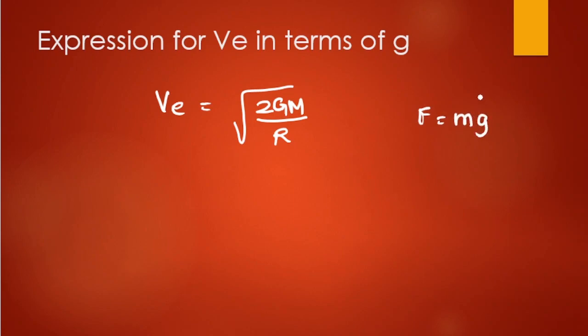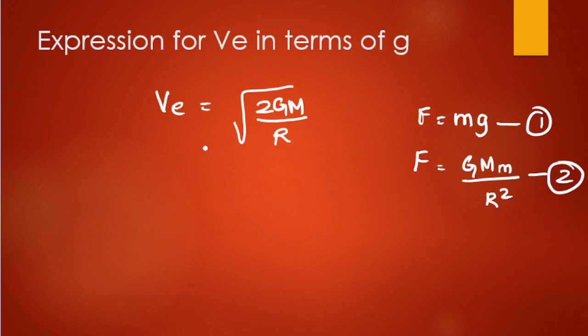Here in this chapter, we will be dealing with acceleration due to gravity. This is our first equation. Our second equation: force is equal to G capital M small m by r square. This is Newton's law of gravitation. Based on that, we wrote this. Let it be the third equation.